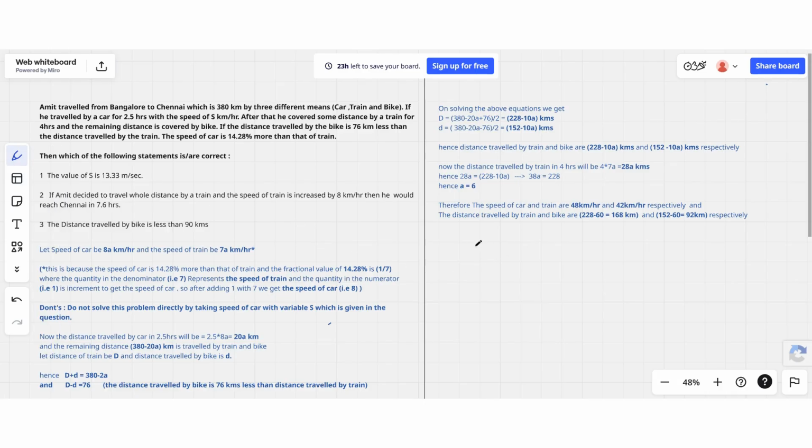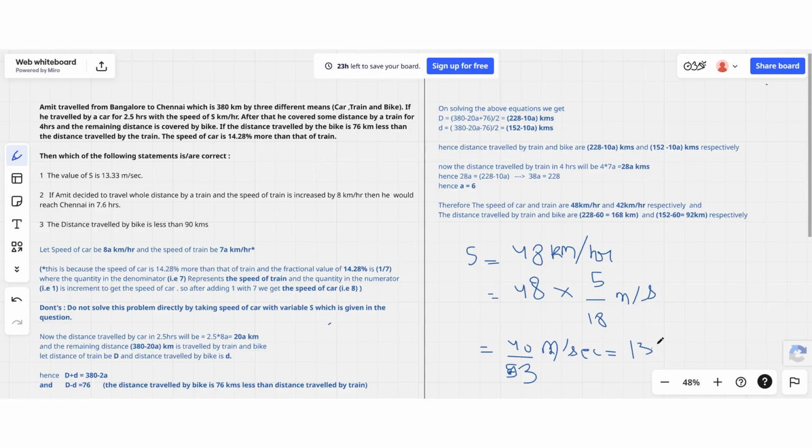Now clearly the value of s is 48 kilometers per hour, which is equivalent to 48 multiplied by 5 divided by 18 meters per second, which is equal to 40 divided by 3 meters per second, which is nothing but equal to 13.33 meters per second.